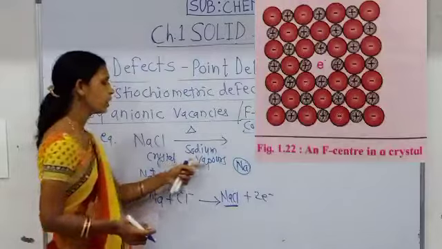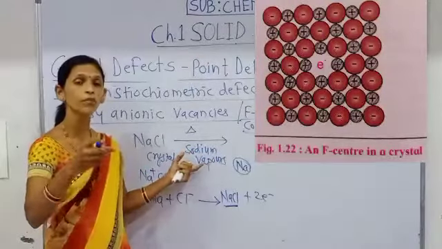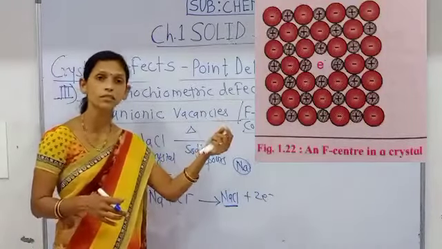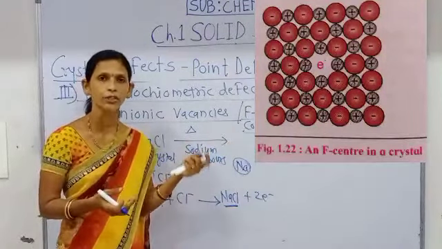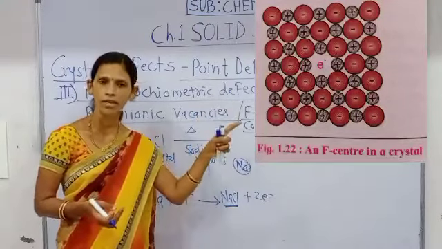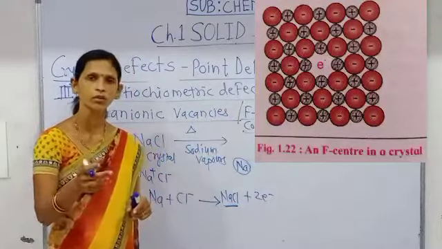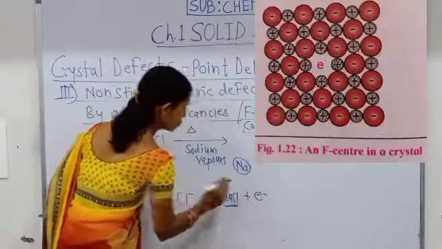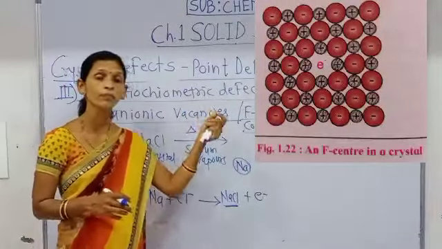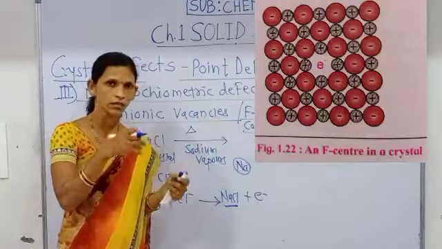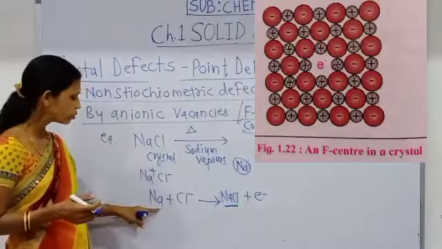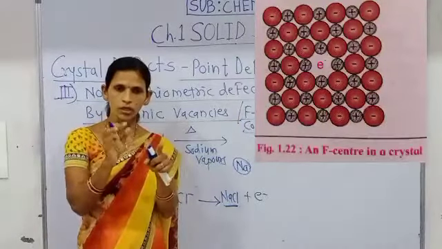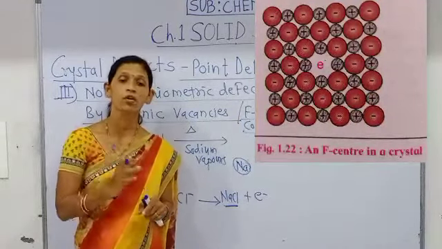The sodium deposited on the crystal creates a vacancy due to the anion, that is Cl minus ion, and the electron lost by the sodium atom occupies the vacancy. The hole is therefore known as F center or color center.